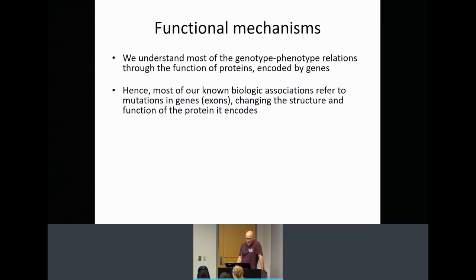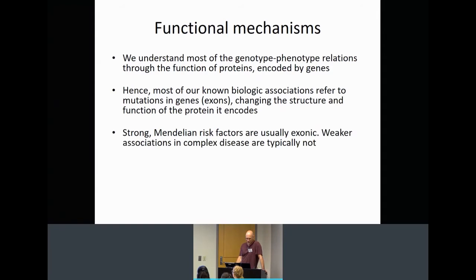For example, changing the sequence is changing the structure of the protein, and changing the structure is changing the function, and this is kind of the most basic chain of logic that we would expect. And when we find risk factors that are Mendelian in nature or very strong, even if they are not Mendelian, we can often associate them with exonic mutations, such as BRCA, for example.